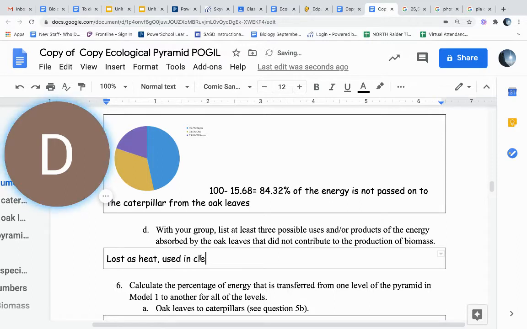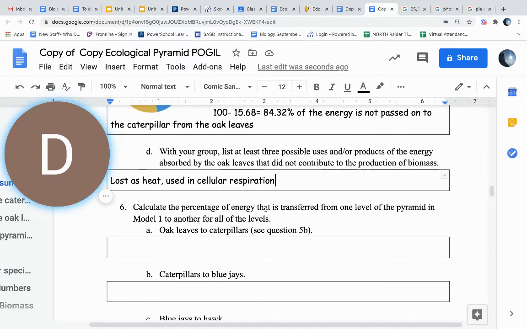Used in cellular respiration, perhaps. And you can think about other ways, other places and processes where that energy could have been lost. So brainstorm another one of those. So fill in that blank. Make sure you give 3 reasons.